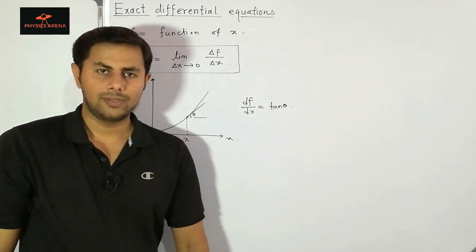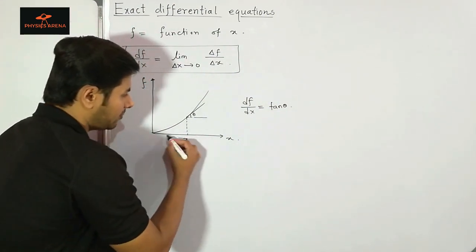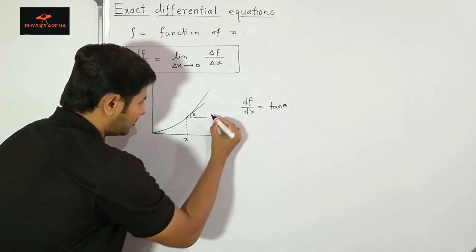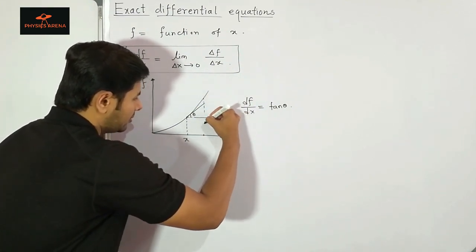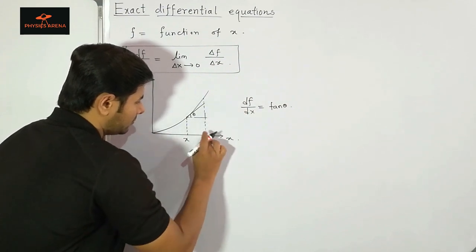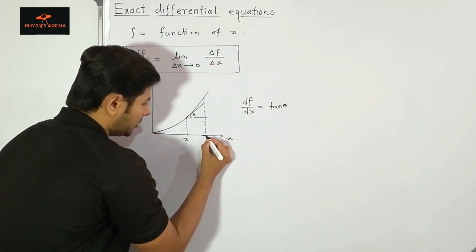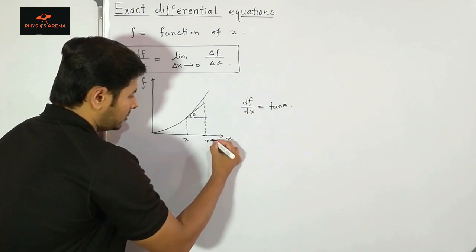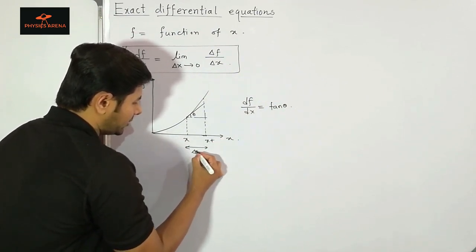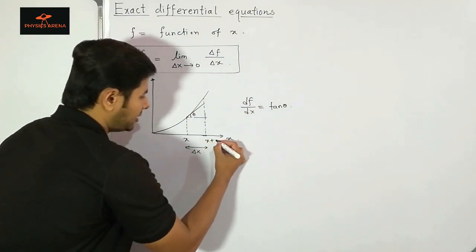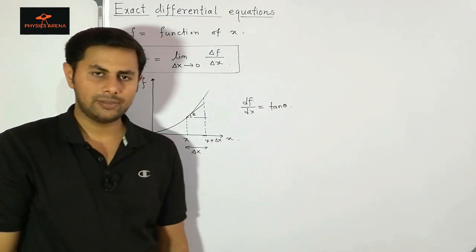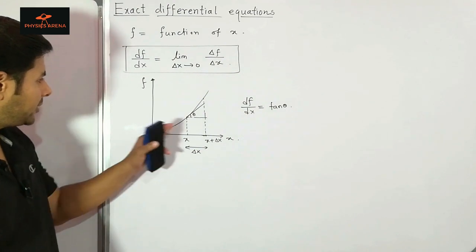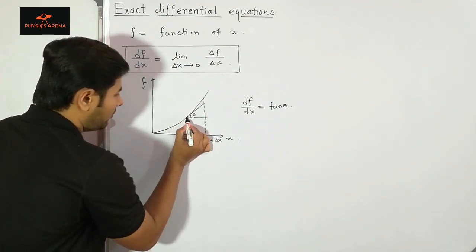Now let's consider a small change in x. Let's take some other point, let's say this point. This change is delta x, and this point is x plus delta x. If we find the corresponding change in f, it will be like this.